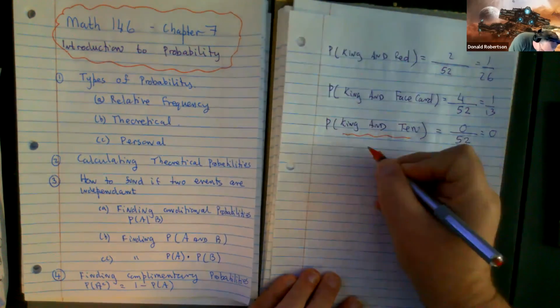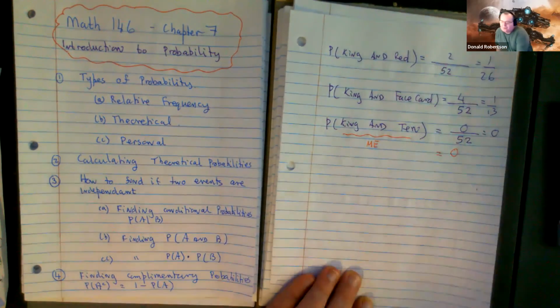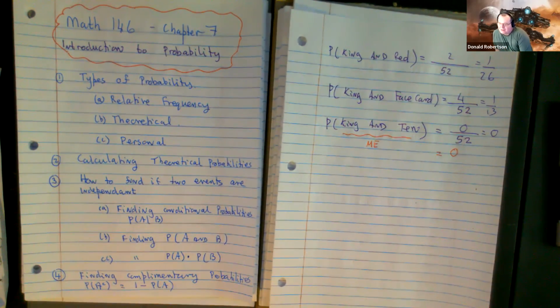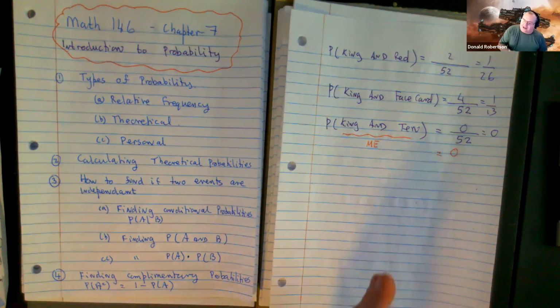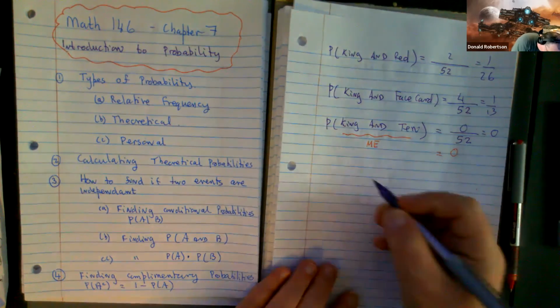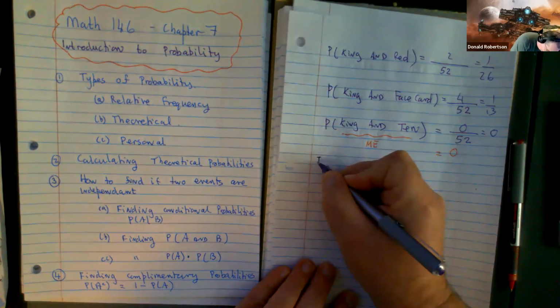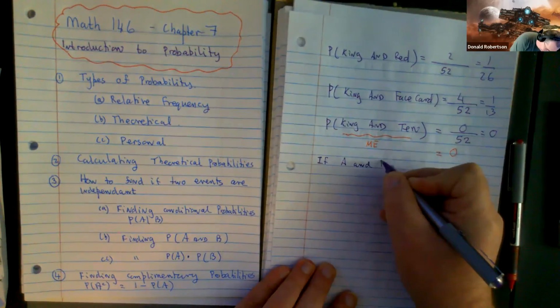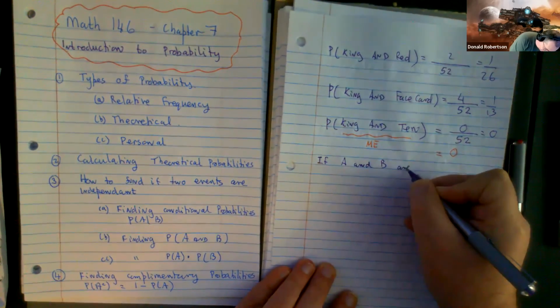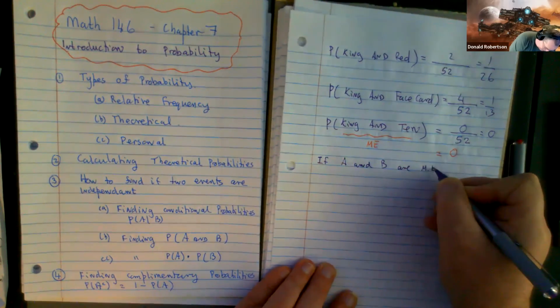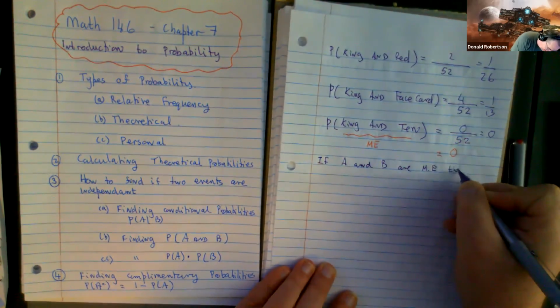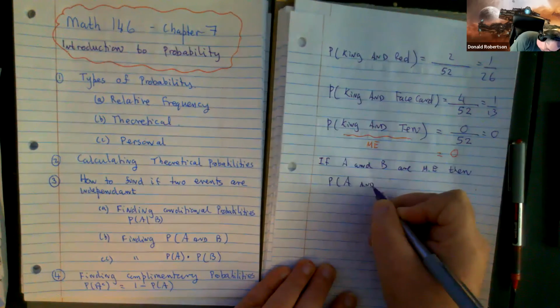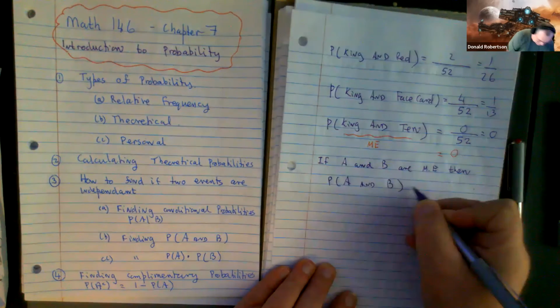So won't the probability with an and always be a 0? If you have 2 events and they are mutually exclusive, won't the probability of first thing and second thing be 0? So as a formula, it would look something like this. If A and B are mutually exclusive, then the probability of A and B will be 0.